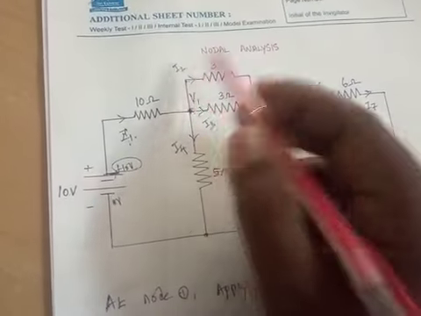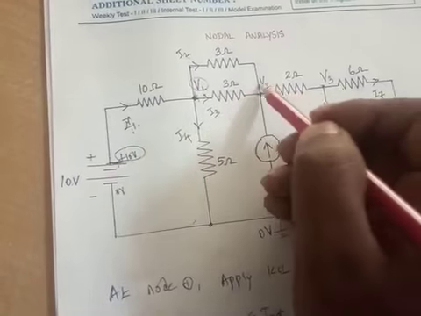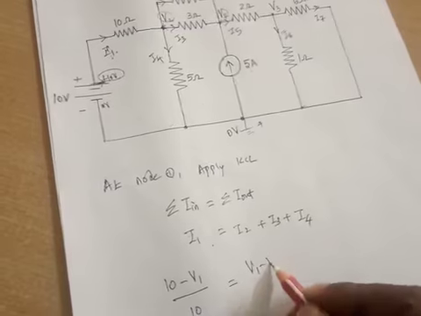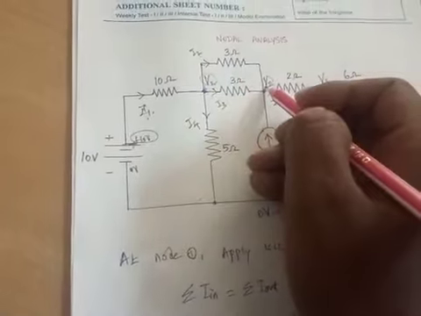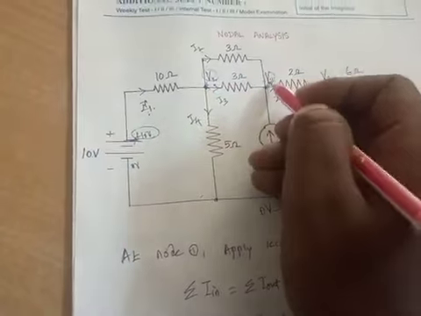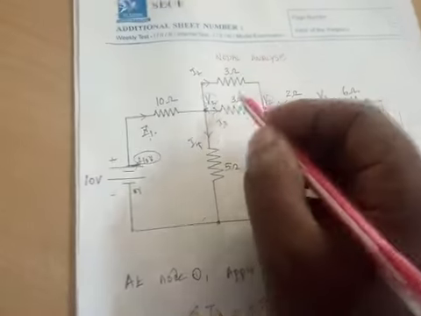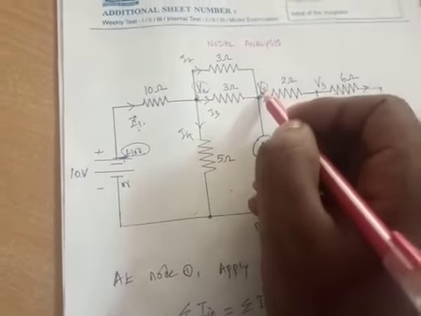Your I2 current is flowing from V1 potential to V2 potential. So I2 can be written as V1 minus V2, that is starting potential minus ending potential, divided by resistance 3. Similarly, your I3 current is also flowing from V1 potential to V2 potential.